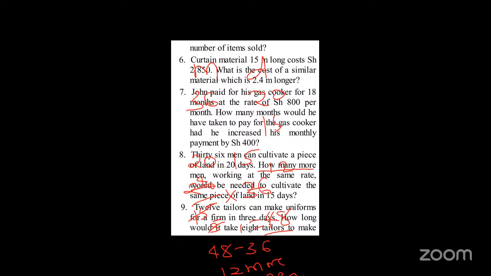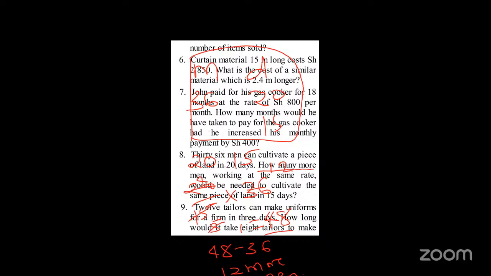Teacher, hebu come again hapo kwa hiyo statement. Hapo kwenye wamesema ni more, how many more? Kwa hivyo how many more inamaanisha tuna subtract. Ni zaidi ya wale waliokuwa original, so you are going to subtract.